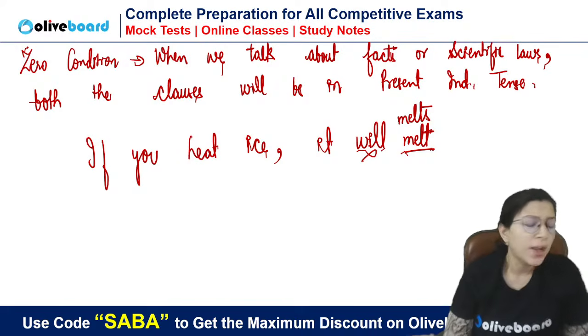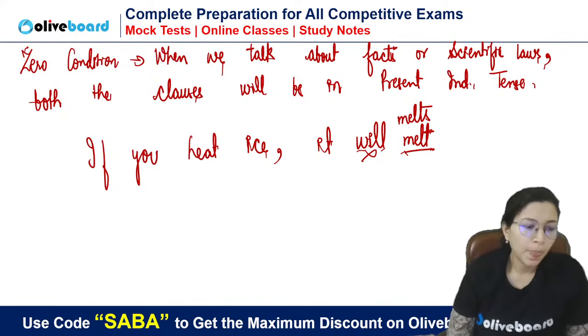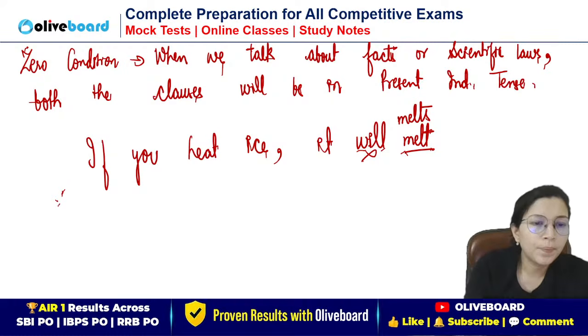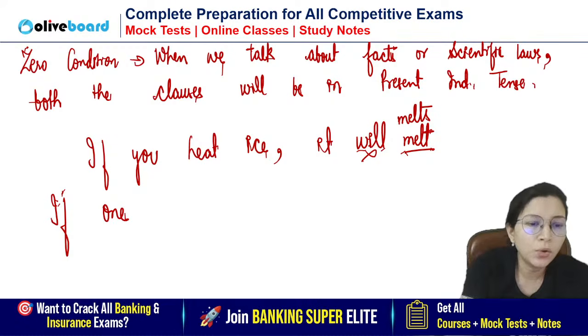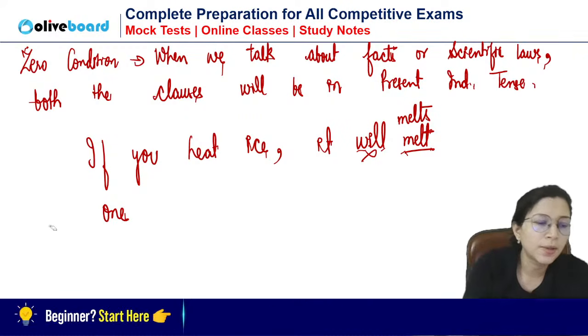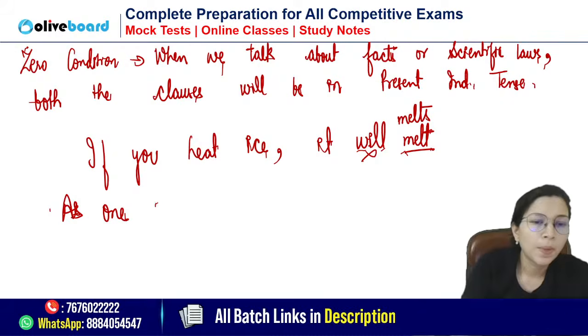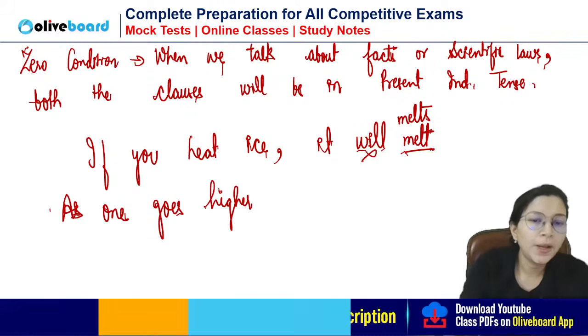This is called zero condition. Any scientific law. For example, if one goes higher, or as one goes higher, we can even use the conjunction as. In a conditional sentence, as one goes higher, it becomes cooler.